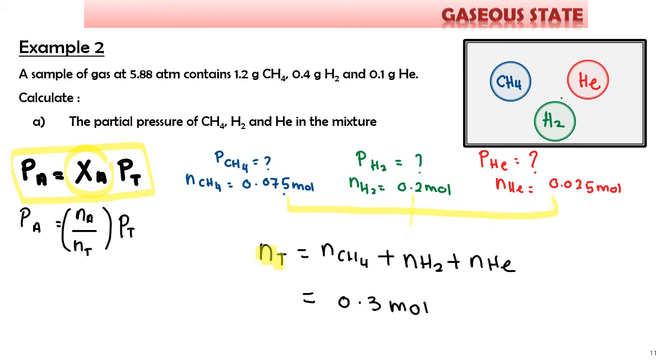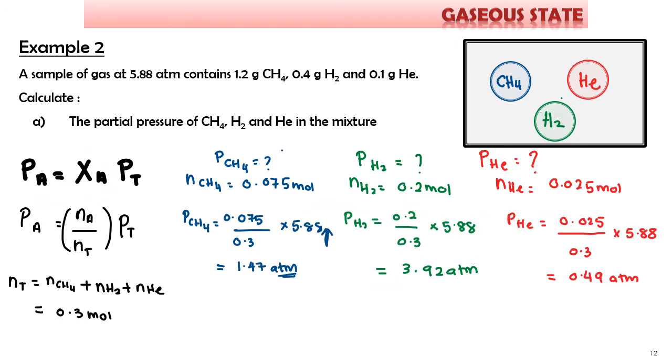Okay, so you will get 0.3 mole. Right, so if you substitute into the equation, you will get partial pressure of gas CH4 is equal to 1.47 atm, and this unit for pressure depends on the unit you use in here.